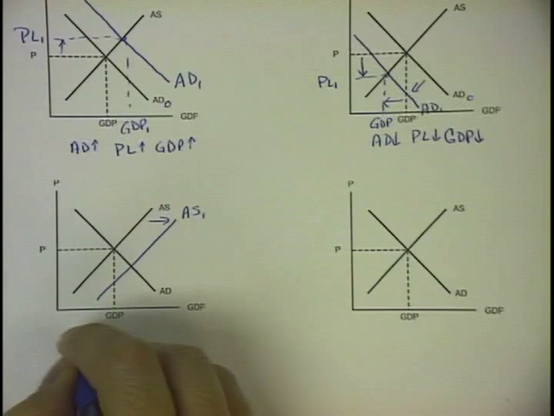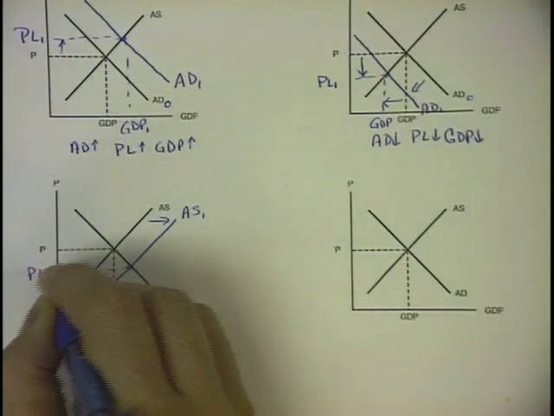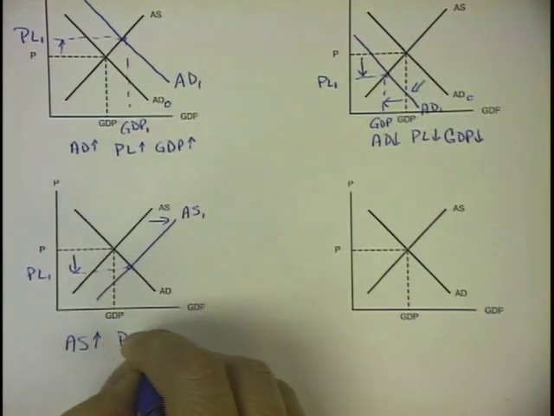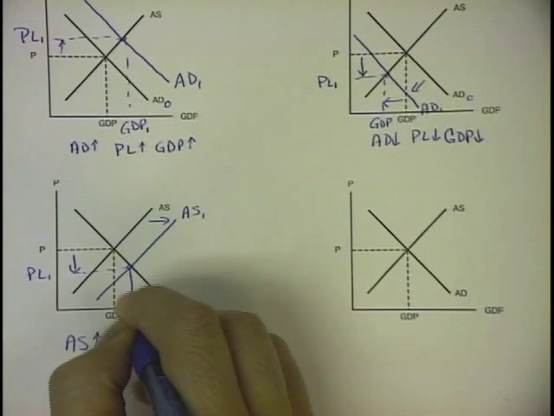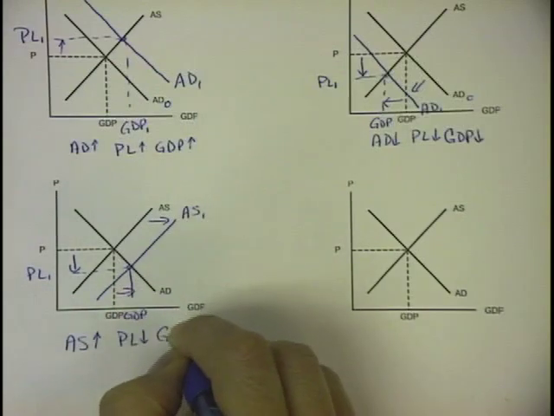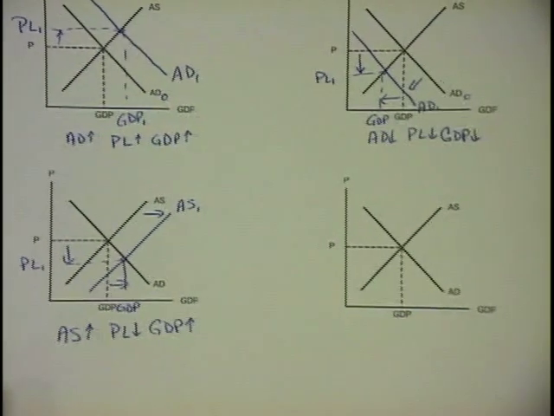Okay, so if aggregate supply increases, what's going to happen? Our price level should come down and our real GDP should increase. Okay, so if we have an increase in aggregate supply, that's going to shift to the right. That's going to decrease the price level and increase real GDP.